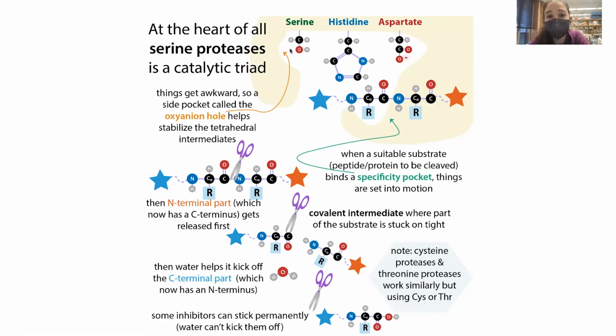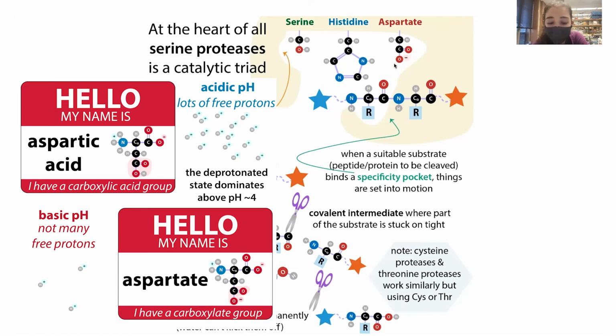And so at the heart of these serine proteases is this catalytic triad where we have a serine, a histidine, and an aspartate. Aspartate, you might sometimes see it called aspartic acid, but aspartic acid is when it's in its protonated carboxylic acid form, and we need it to be in its deprotonated aspartate form, which is the form that we see it in here.